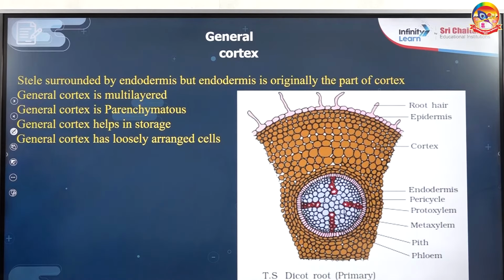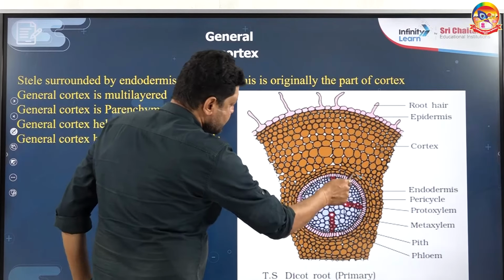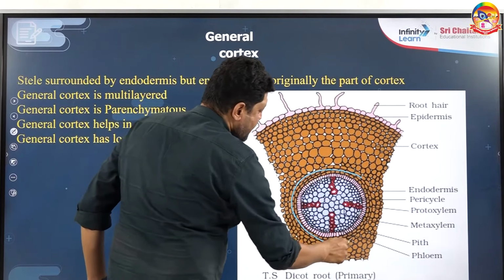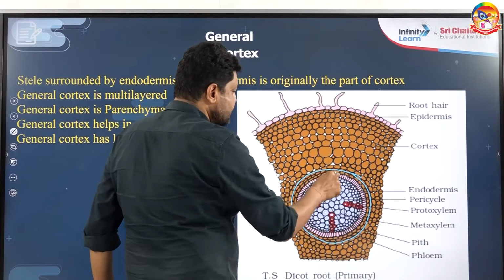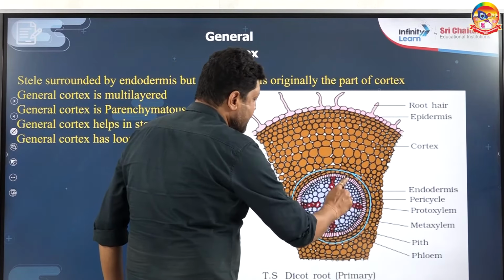The stele is surrounded by endodermis, which is originally part of the cortex. Can you see this layer? This layer is endodermis. The innermost part of the cortex is endodermis. The outermost part of the stele is pericycle, the pink color layer.